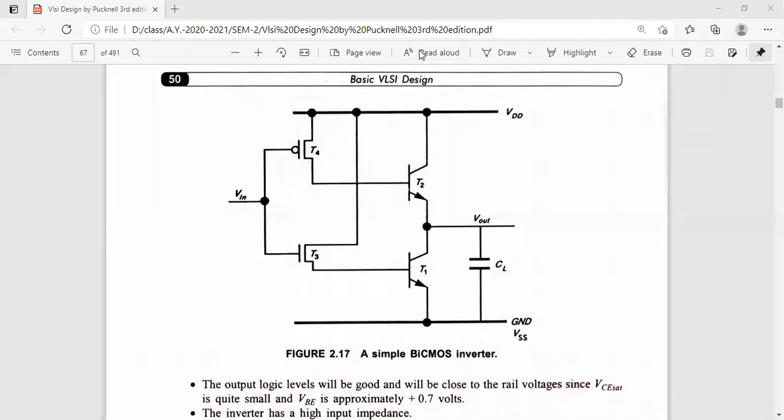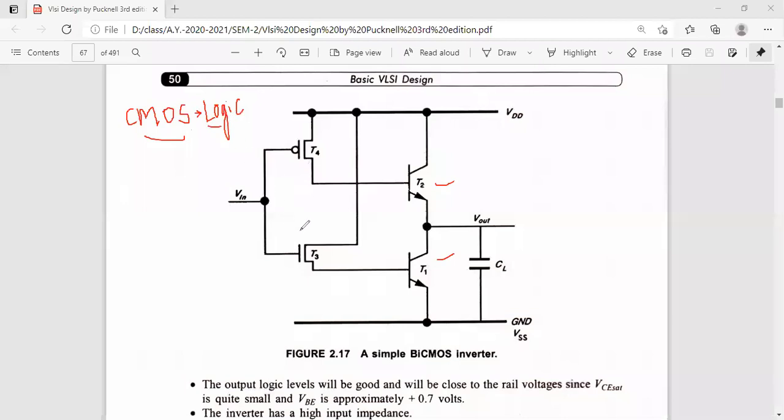We apply CMOS where we require the logic, and we use a bipolar at the output stage to drive the outputs. CMOS is useful for applying the logic.